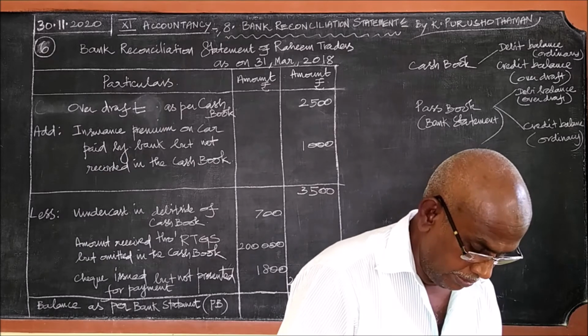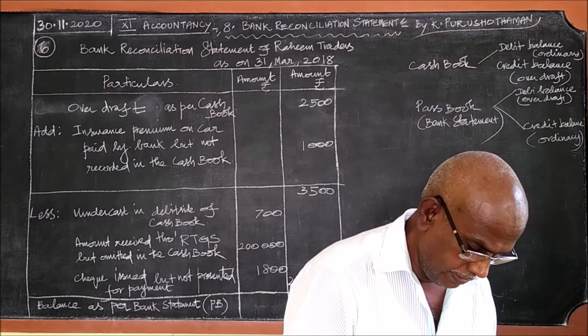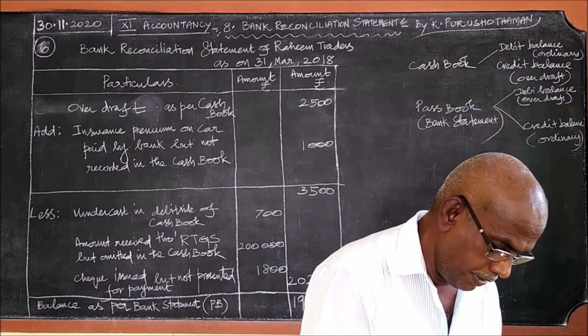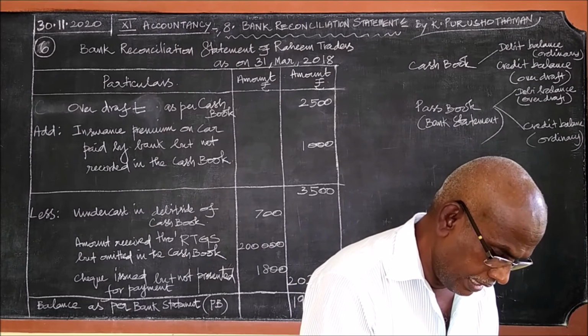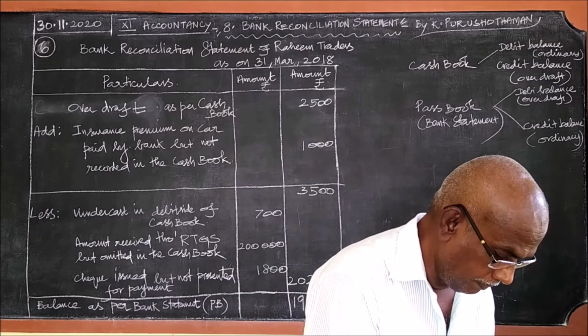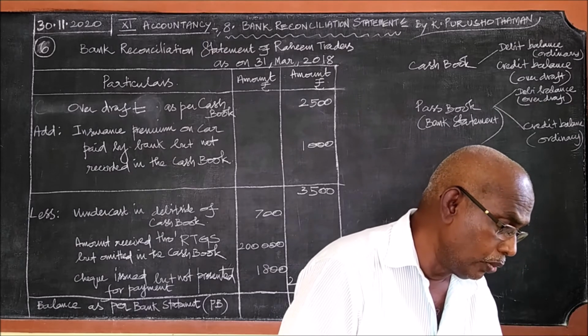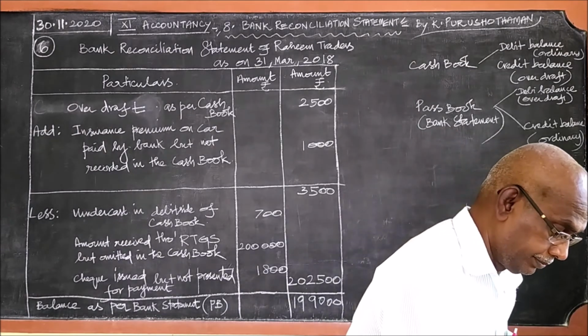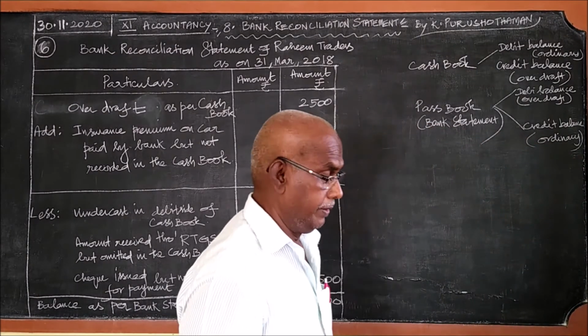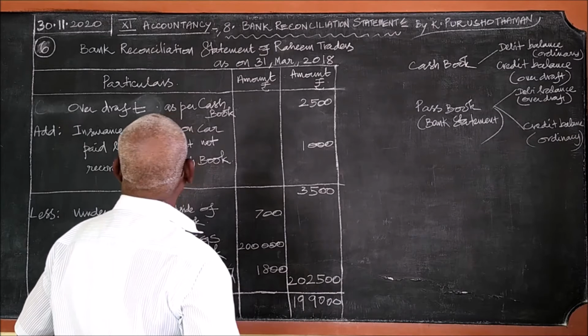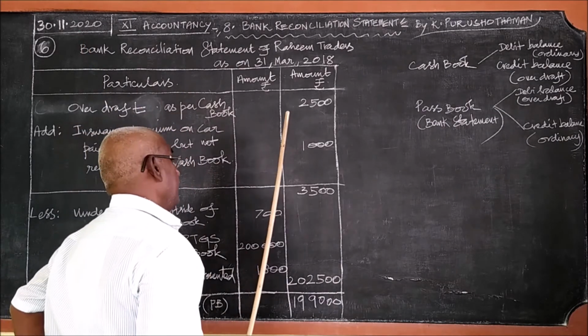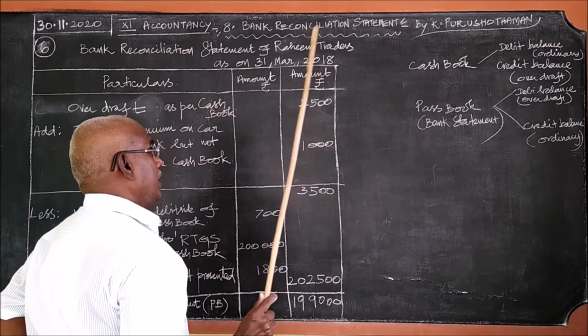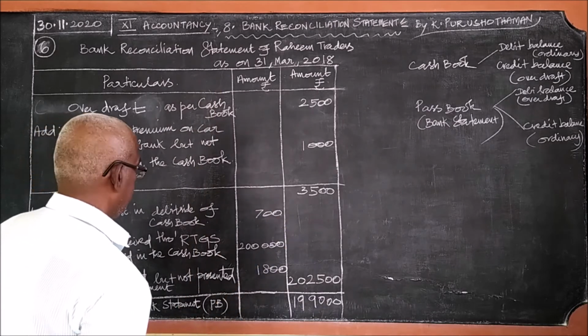There are certain points to be explained when we compare the items given in problem 5 with problem number 6. What are they? We shall see. Between problem number 5 and 6 there is a small difference.